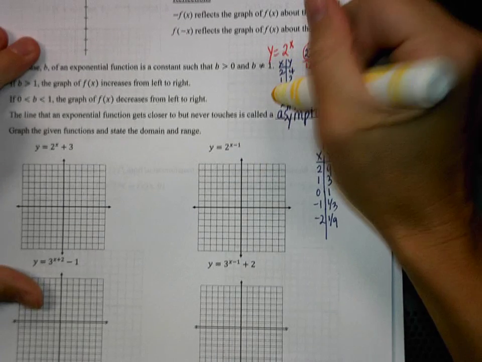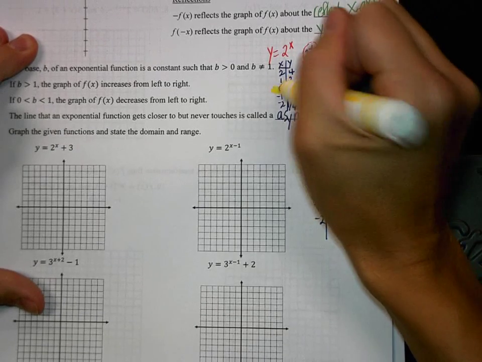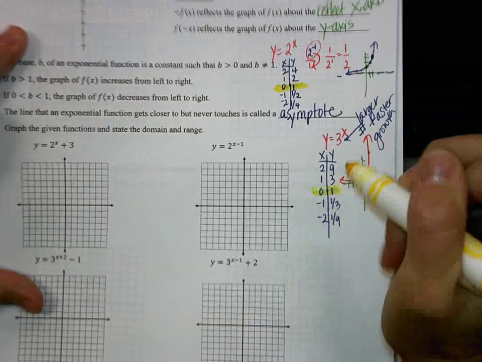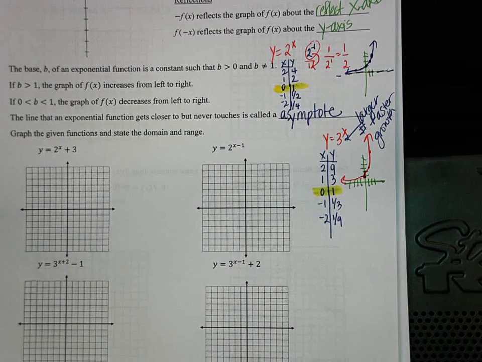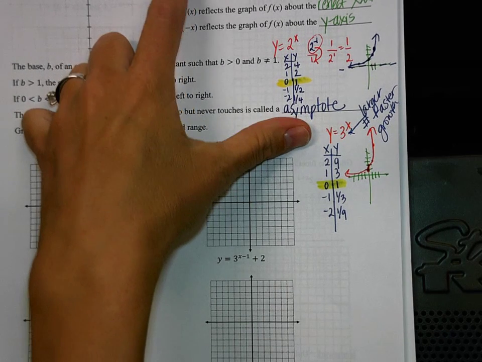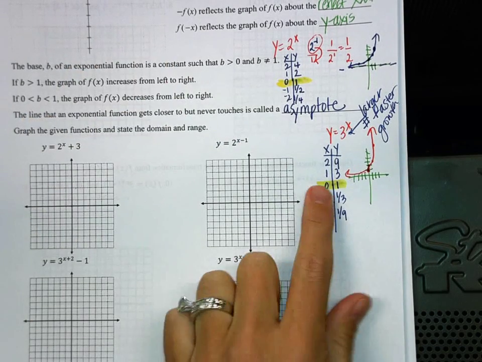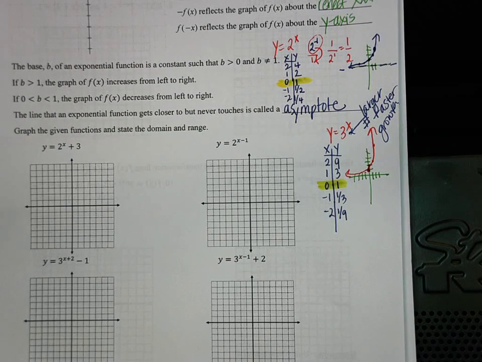Okay, good. They each have 0, 1. That is super important. Each exponential function, as long as it's not being shifted, you know how we can shift by adding or subtracting values, will always have the point 0, 1. Every exponential function has that point 0, 1.